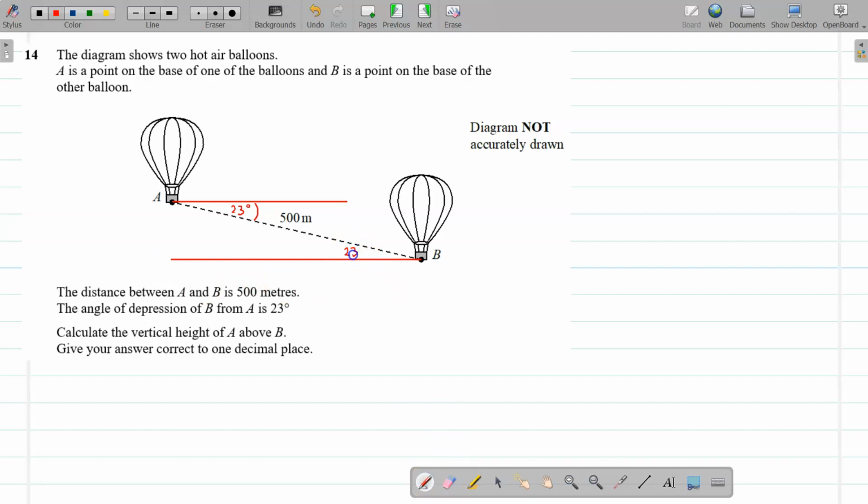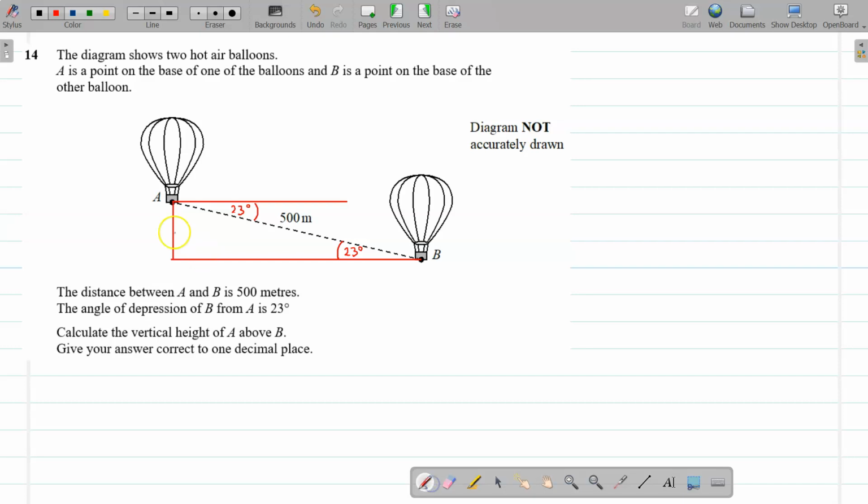Okay, and what I'm going to need to do is use the fact that the length of this dotted line here is 500 meters. This is 23 degrees. I need to know how high above the level of B, the altitude of B, is the balloon A. So what's that height there?